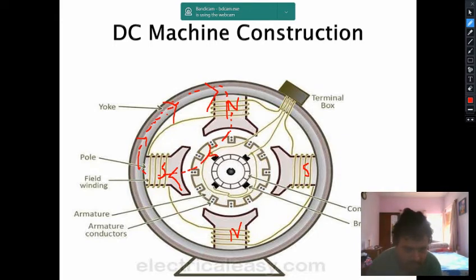What about pole B and pole C? In this particular case, the magnetic lines of force will start from the north pole, enter the south pole, and the yoke will again provide the return path, and it will terminate at its origin. This will be the direction.